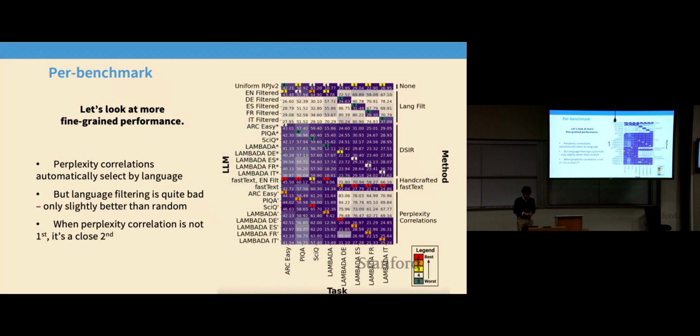Looking at per-benchmark performance, we see basically the same story. One thing that's notable here: on the columns are different benchmarks that we can evaluate against, and different rows are different methods. If I look at the Lambada row under perplexity correlations, that's when I run the data selection algorithm with Lambada as the target.